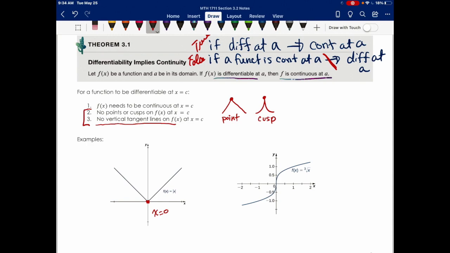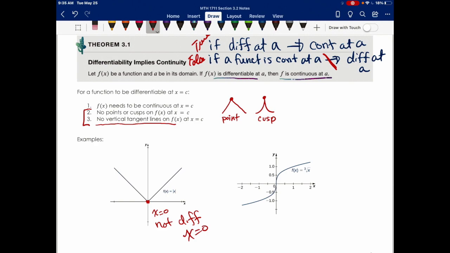So this is a perfect example of why the converse of this theorem doesn't work. In order for a function to be differentiable, it has to be continuous. But if it's continuous, it doesn't have to be differentiable. And that's this case right here. It's continuous, but it's not differentiable at x equals 0.